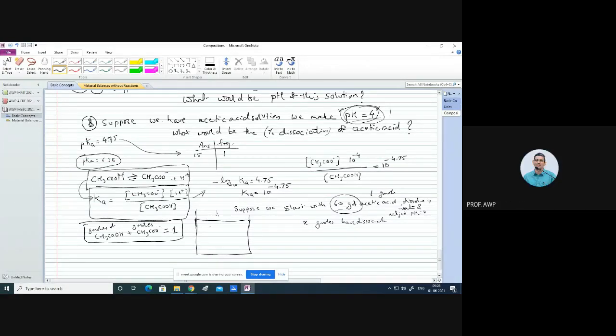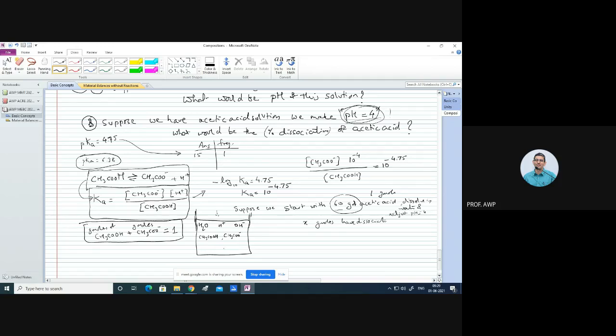The water in the beaker is also going to dissociate. It is going to have H plus ions and OH minus ions. From the initial 60 grams, 1 mole of acetic acid that I have taken, there will be some acetate ions as well.